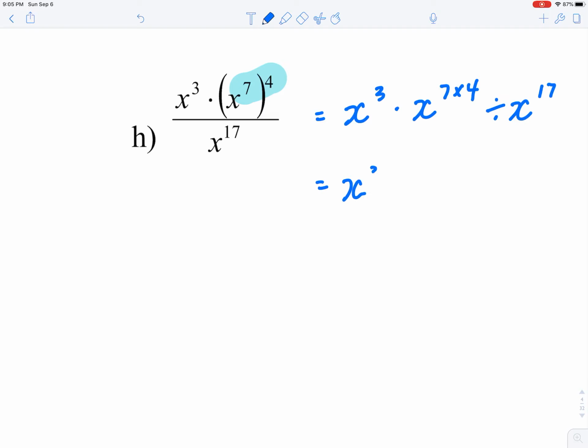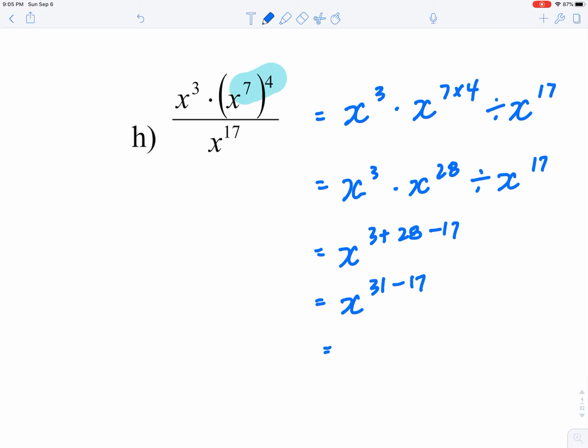So that's the same as x to the 3 times x to the 28 divided by x to the 17. So that's x to the 3 plus 28 minus 17, which is x to the 31 minus 17, which is x to the 14.